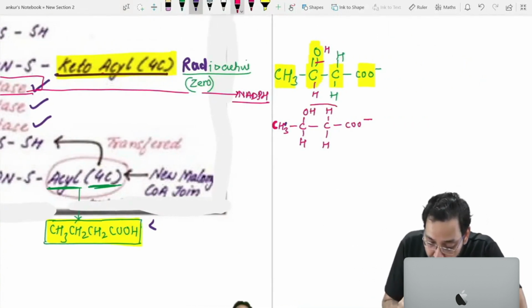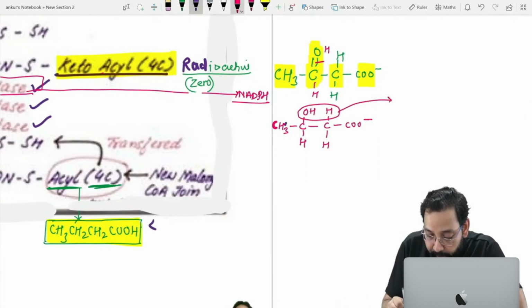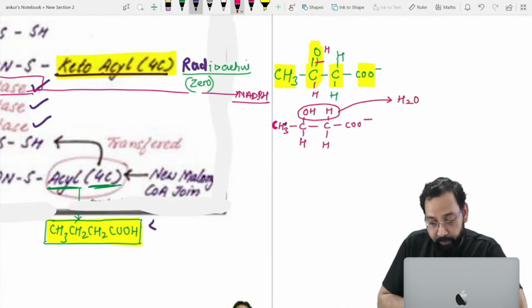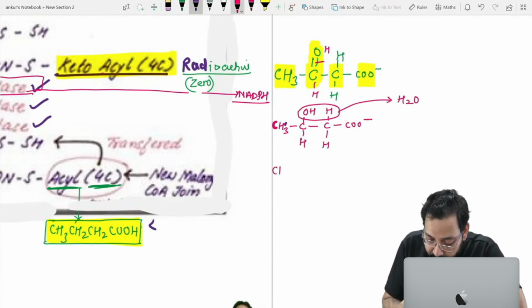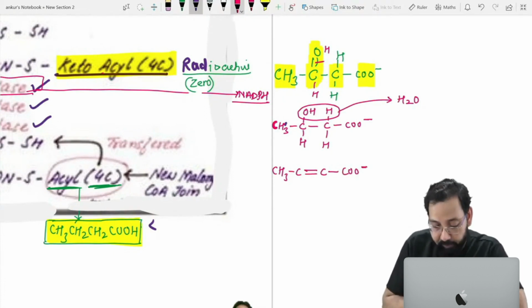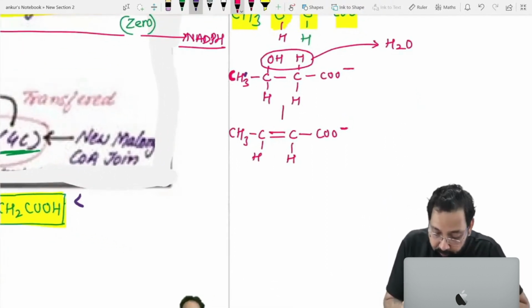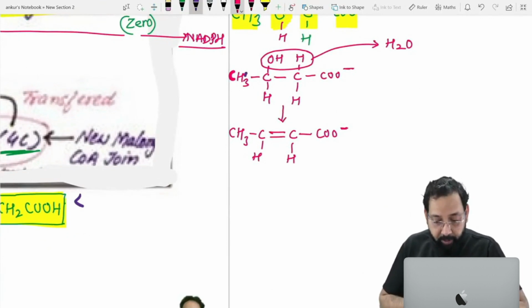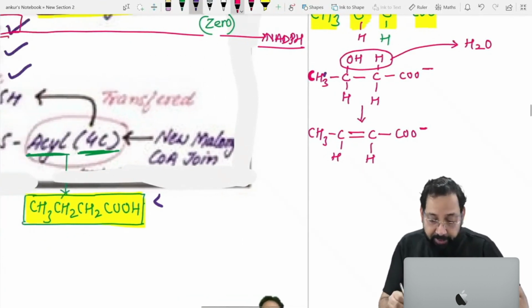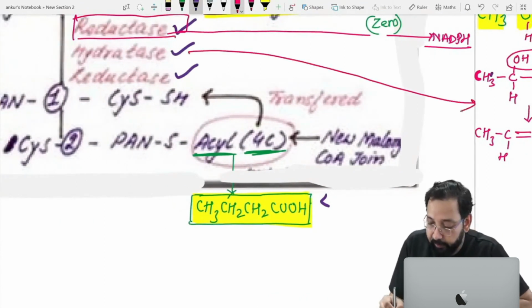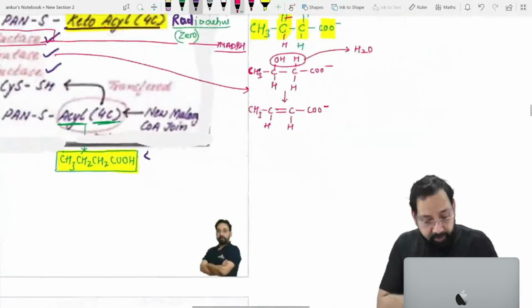In hydratase, water is removed from this CH3, C. When it is removed, there would be formation of a double bond, with COO minus, and this is H, this is H. Do you agree? So this is formed. This is hydratase.